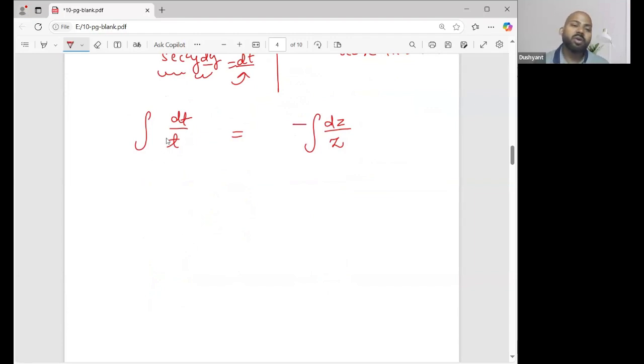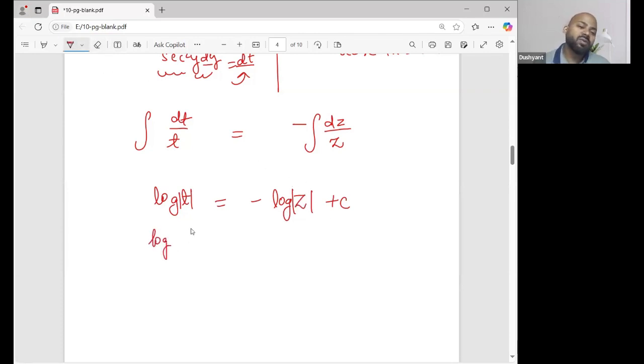Now integrate this. The integration of 1 over t is log t. Similarly, 1 over z is log z, so log t plus c.